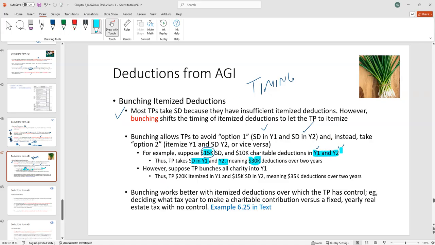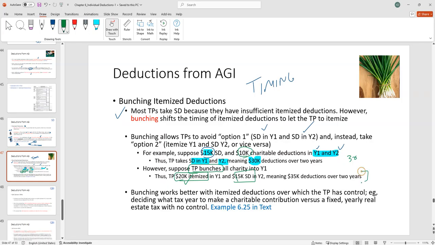So over a 2-year period, in total, if you look at it for 2 years, you got 30,000 of deductions. Compare that with the taxpayer bunching. We will shift the timing of these charitable contributions. We'll collapse all of them into year one, meaning we will itemize in year one and then take the standard deduction in year two.